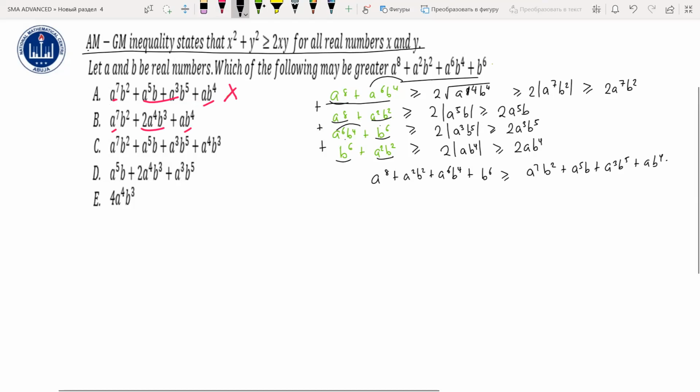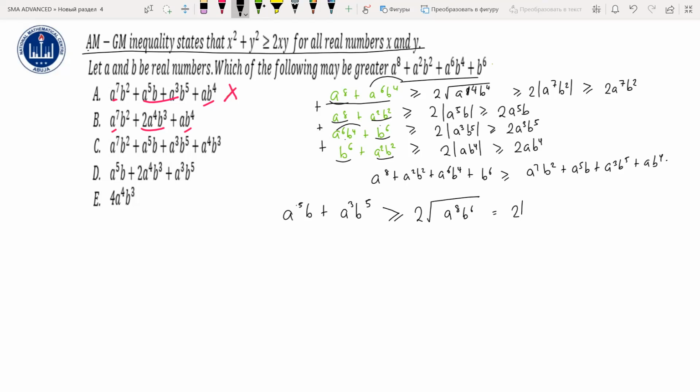The middle term of option A, a raised to power 5 b plus a cubed b raised to power 5, is going to be at least 2 square root of a raised to power 8 b raised to power 6, that is equal to 2a^4b^3, which is greater than or equal to 2a^4b^3.